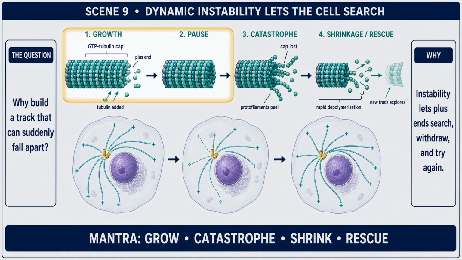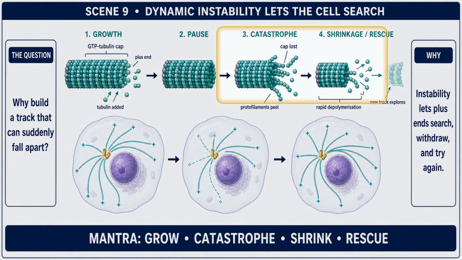A microtubule is directional, but it is not permanent. At a growing plus end, GTP-bound tubulin is added and forms a stabilizing cap. The end may continue growing or pause for a time. If that stabilizing cap is lost, the protofilament tips curve and peel outward.